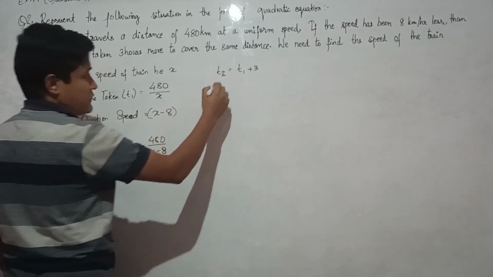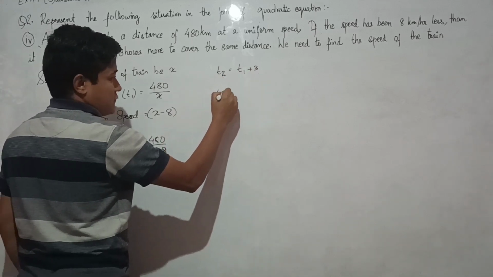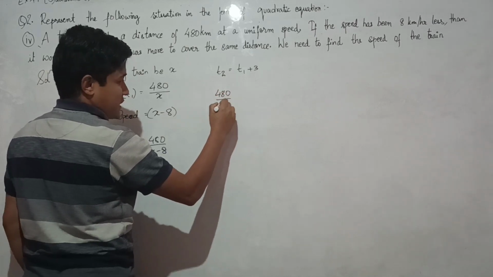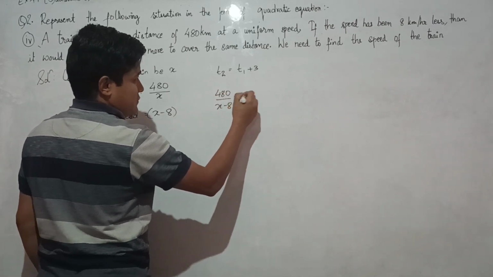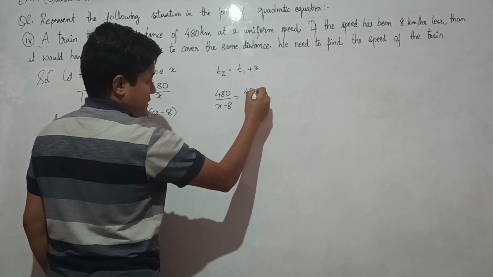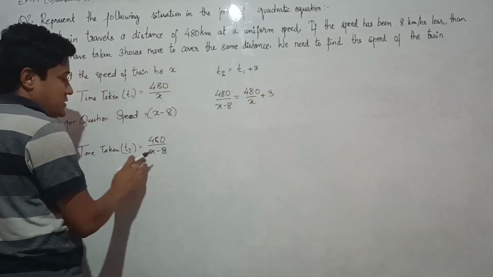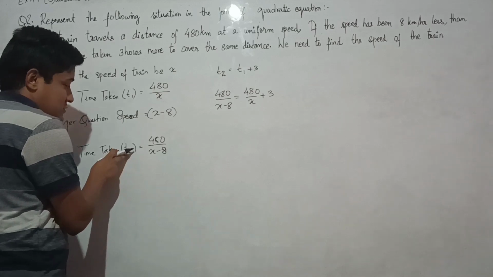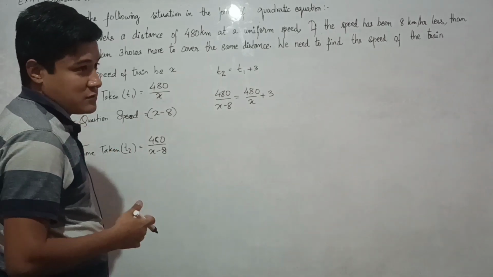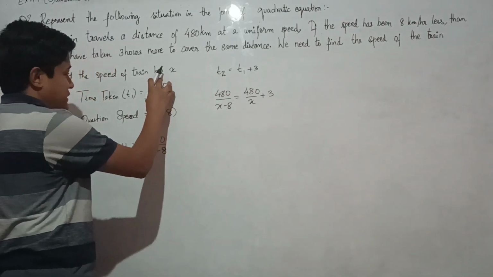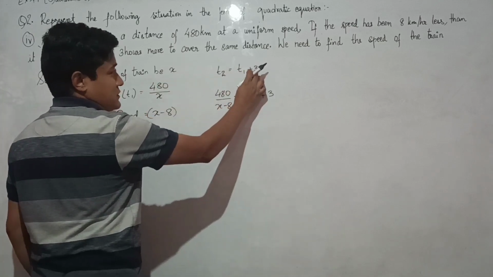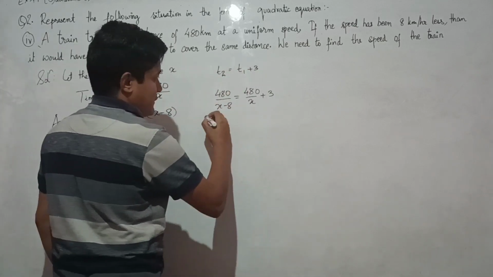So let us put the value: t2 equals 480 by x minus 8 equals 480 by x plus 3. Again understanding the concept, t2 is 3 hours more than the earlier time.